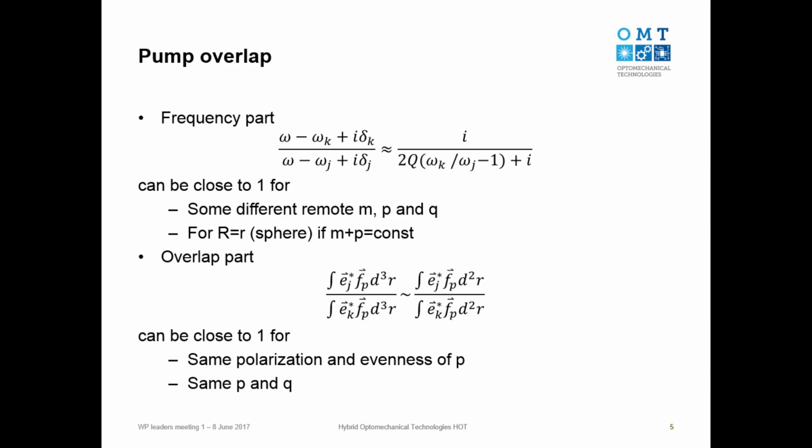The second overlap part can be simplified from a 3D integral to a 2D integral if we assume that our pumping is good and the phase matching is good.